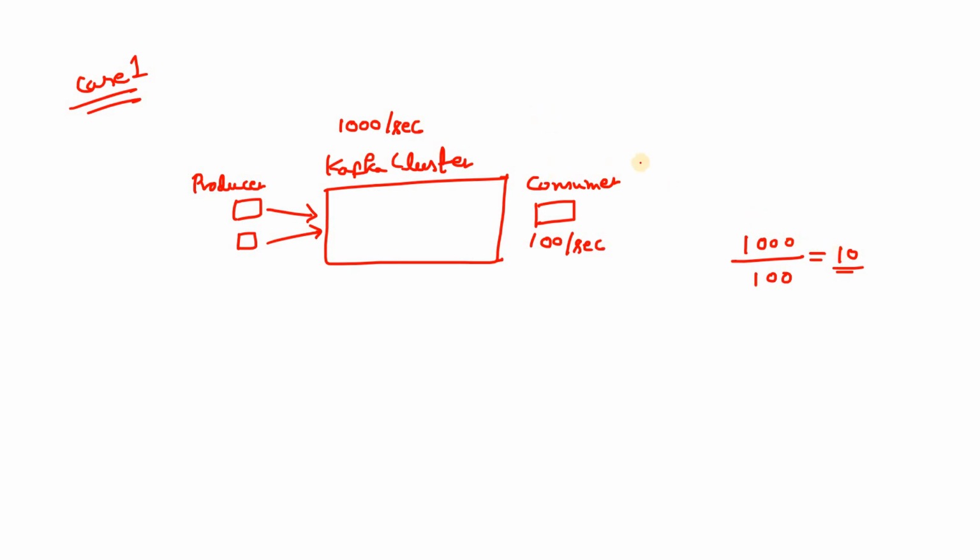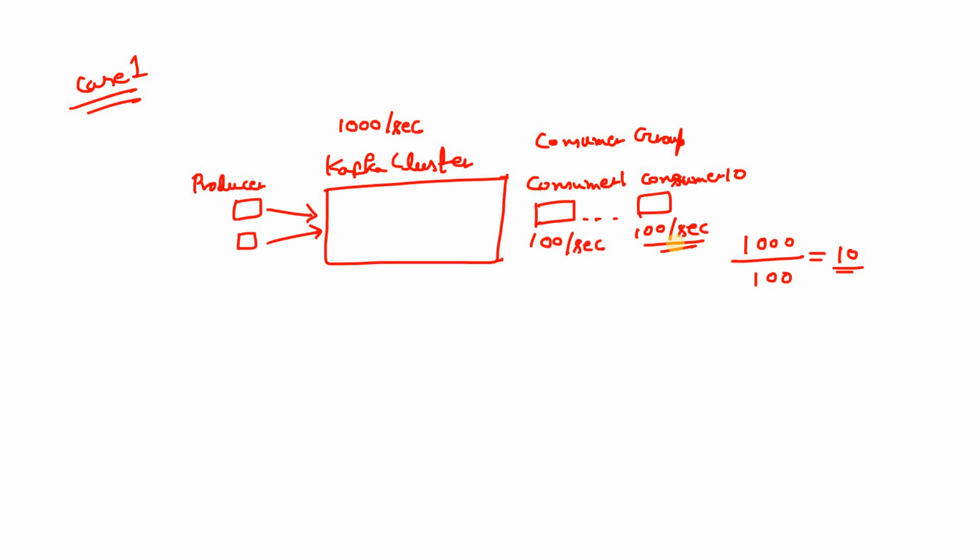So you can think that we will launch a consumer group on the right hand side, with consumer 1 up to consumer 10, each consuming at 100 messages per second. That way, our consumer system will not be lagging.